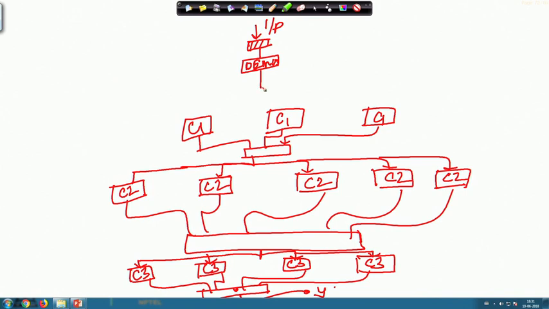So, what does that mean? Actually, I have not put those registers over here. In this particular case the register will be placed over here, and there also these registers will be placed.